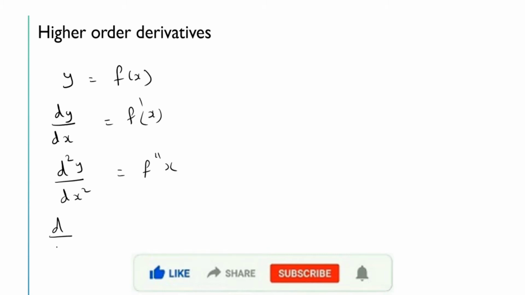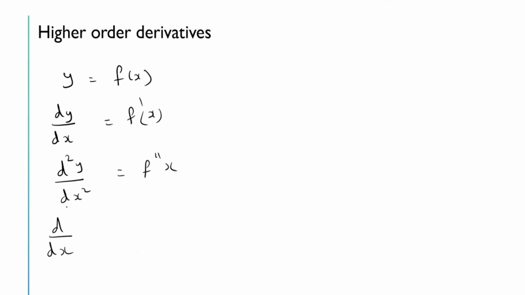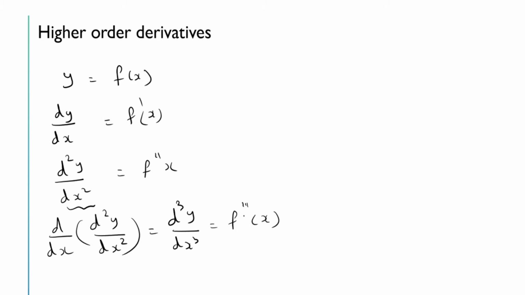If we want to find the derivative of this function, then it will be d3y by dx cube, that is f triple dash of x, and so on. Like this, we can find the derivative of the functions one by one as the order increases.